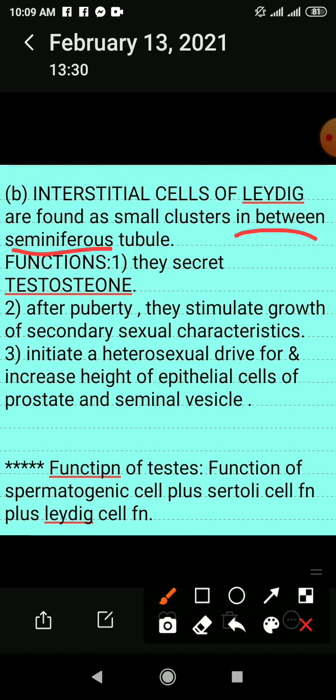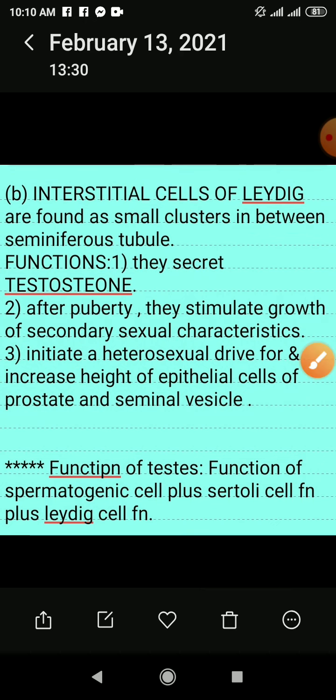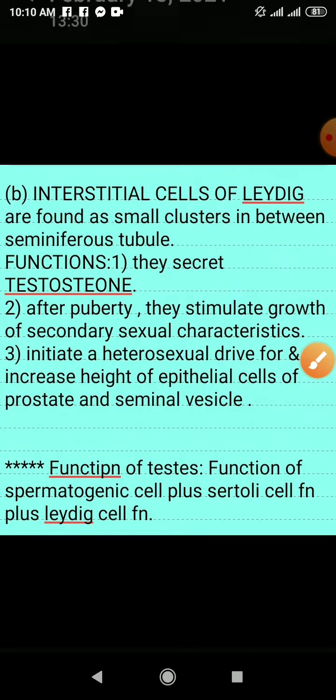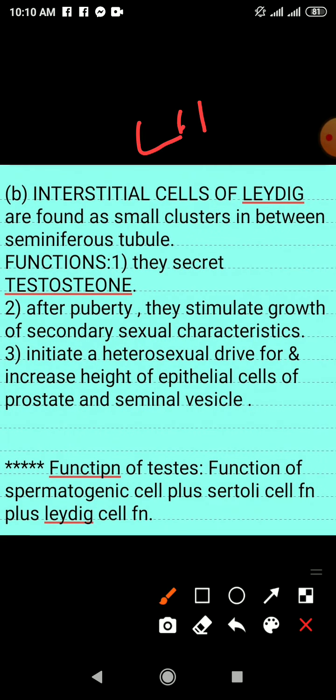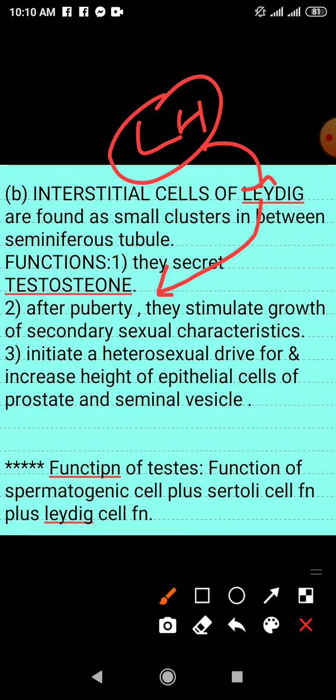By the hypothalamo pituitary gonadal axis, they are stimulated by the luteinizing hormone, and this Leydig cell ultimately forms the testosterone hormone. And this testosterone hormone is the main hormone for the secondary sexual characteristics of the male pattern.